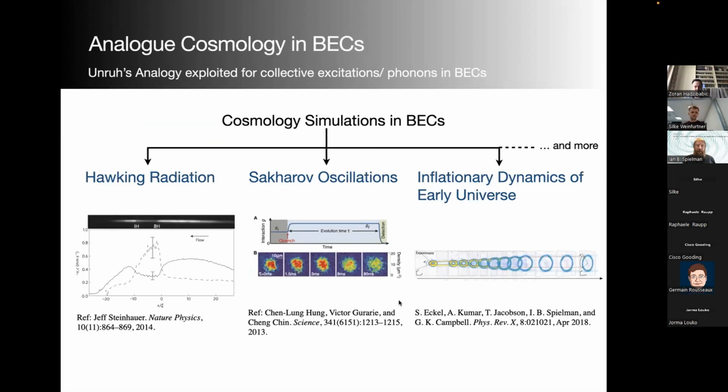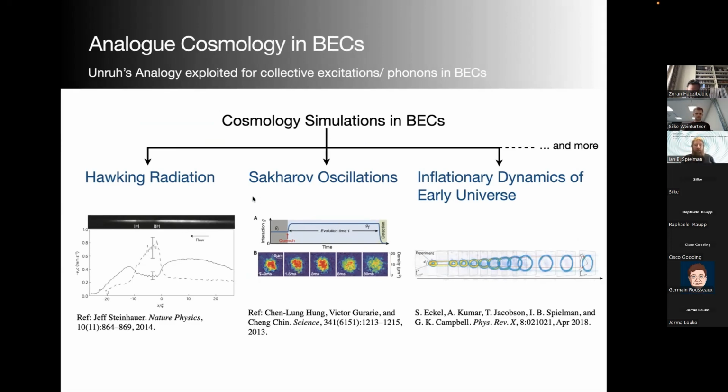All right, now even in the atomic physics context, we are by far not the only nor the first group to think about atoms as an analog to cosmological physics, and I'll have some historic examples here, and later on we might see some other ones. So probably one of the most well-publicized are Jeff Steinhauer's experiments moving barriers inside one-dimensional or highly elongated condensates, giving analogies to black hole physics, to event horizons.